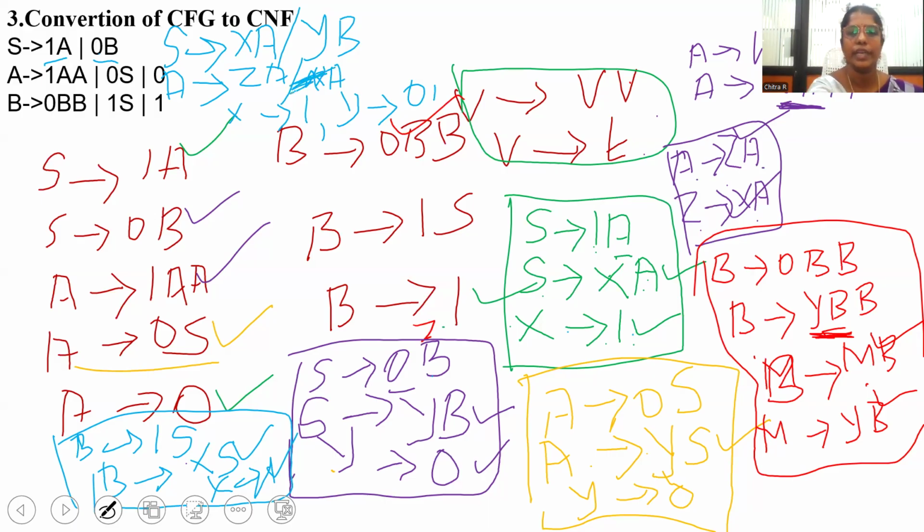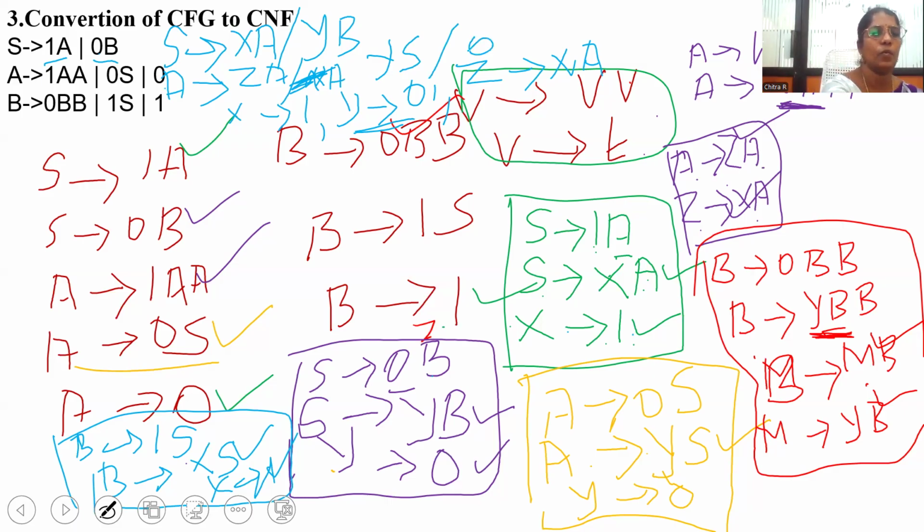Again, A tends to 0S, so it is 0S. 0S is converted to YS and Y tends to 0. Already Y tends to 0 is here. Again, 0 already tends to 0.